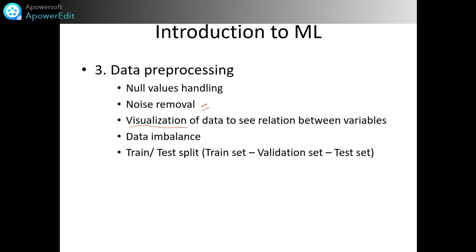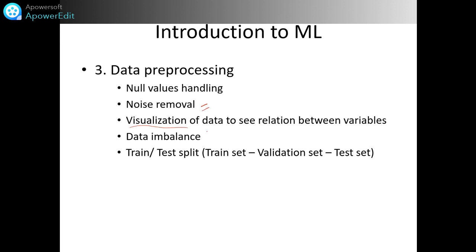Before giving that data to the model, if you are able to identify the relation between these variables, you can easily eliminate some of them. Why? Because if the same information is available in more than 2 attributes, it is of no use. So we can eliminate one of the attributes, and you can simply check the correlation or coherence between the variables. If they have almost the same kind of information, we can eliminate one.